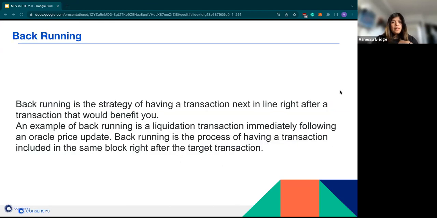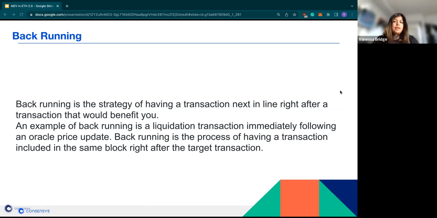Similarly, there's another type of attack that's called back running, which is less frowned upon just because it's kind of strategizing when someone sends a big buy order or sell order, you can send a transaction that is immediately after, so that you can benefit from the price change that you know will happen because of the large amount that is being bought or sold.